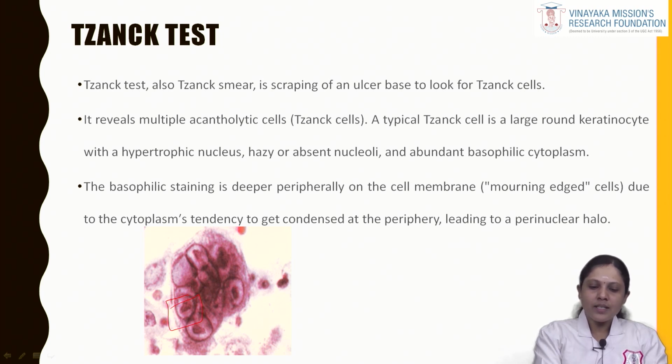Because of the condensed cytoplasm, it gives a moth-eaten effect to the cell, and a perinuclear halo can also be noted. So this is a Tzanck cell identified under a Tzanck smear.